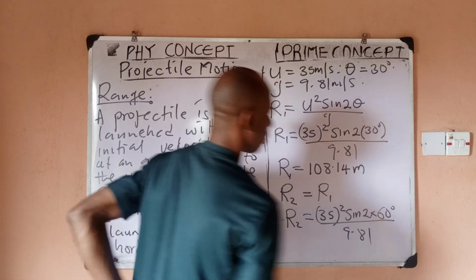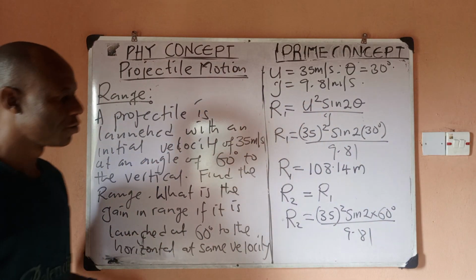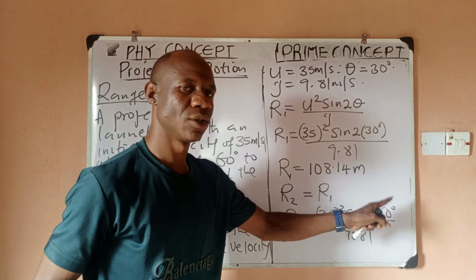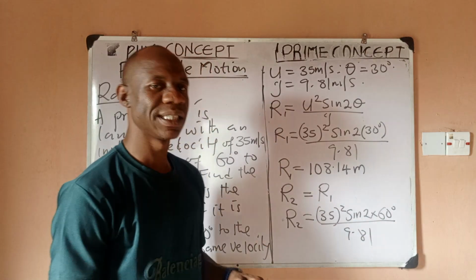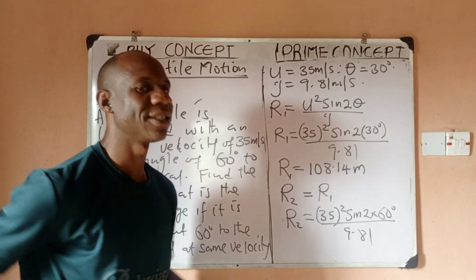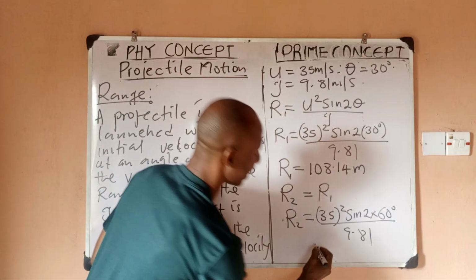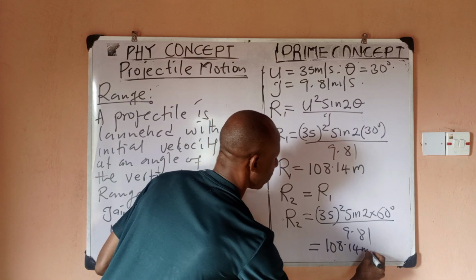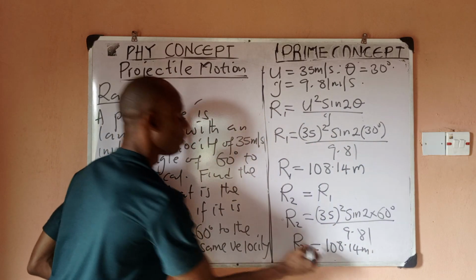If you also evaluate, you would see that 2 times 60 is 120, and sine 120 is 0.866, times 35 squared divided by this. You still confirm with me that the answer R2 is still 108.14 meters.